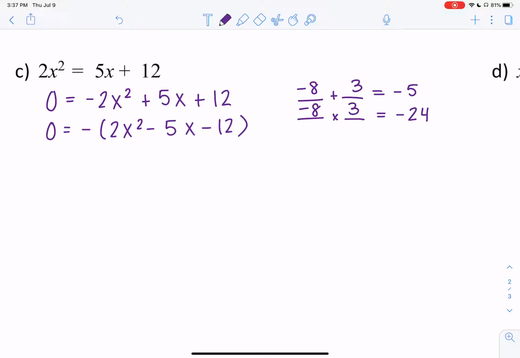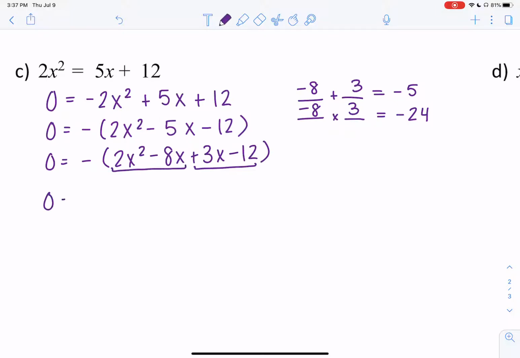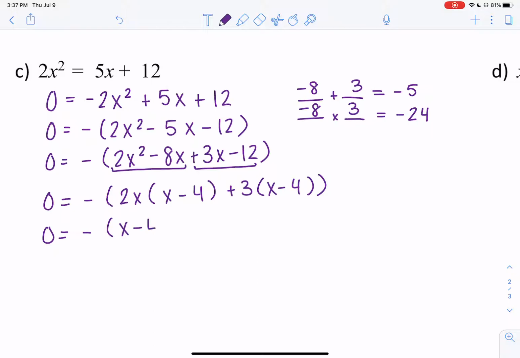And now instead of writing in negative 5x, we'll have 2x squared minus 8x plus 3x minus 12. And now we're just going to factor by grouping. There we go. And now we have (x minus 4)(2x plus 3).